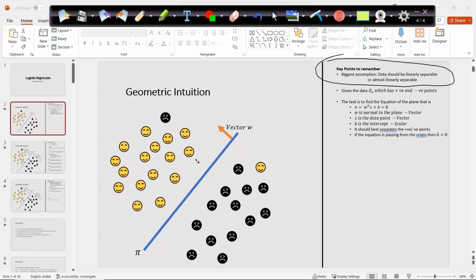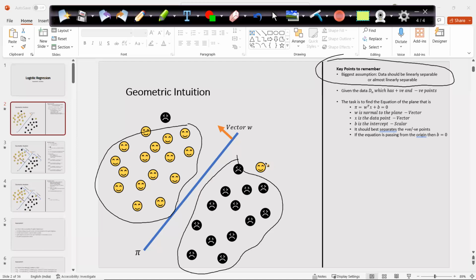That means if you see here, let's say these are my happy customers and these are my customers who are not happy. You can see the data is almost linearly separable. Obviously, there is one unhappy customer out here as well, and a happy customer out here as well. But the data is pretty much linearly separable.